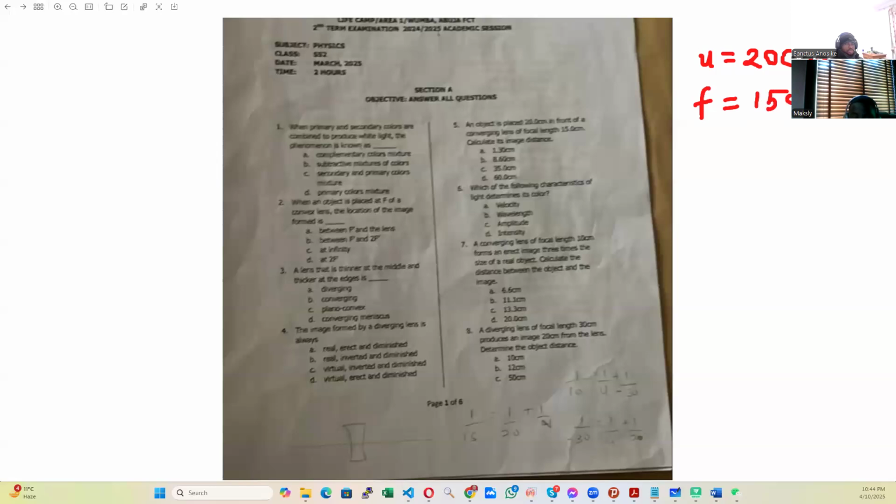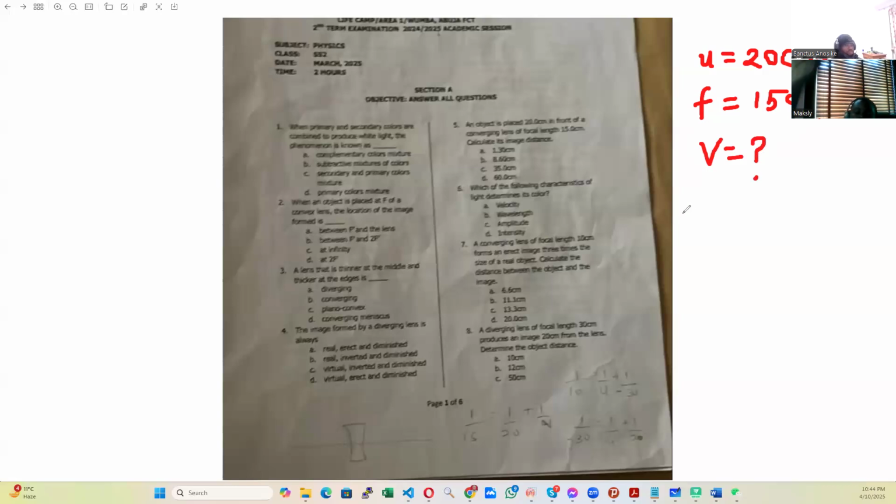And the 1 over F equals 1 over U plus 1 over V. That's 1 over 15 equals 1 over 20 minus 1 over U. Then calm down, boy. Can't you see I'm writing it and you're rushing me? Which formula are we using?